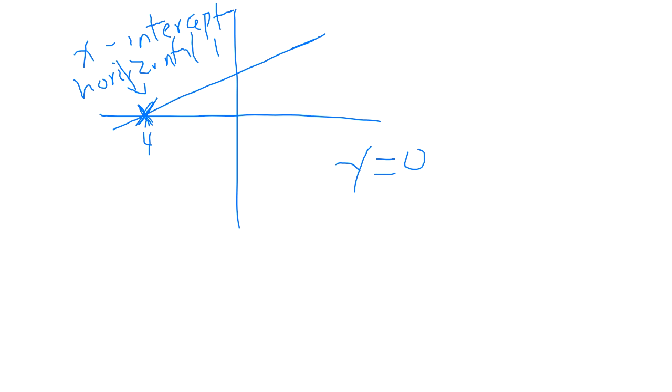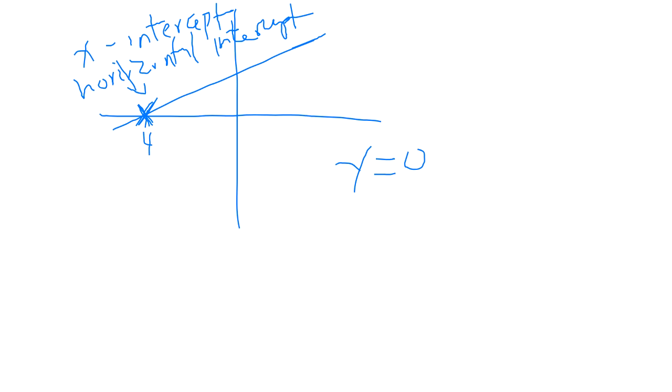On the x-axis, y is always what? 0. So at this point, I have my x-intercept, or the horizontal intercept. Why? Because that is a horizontal axis. So y is always 0.